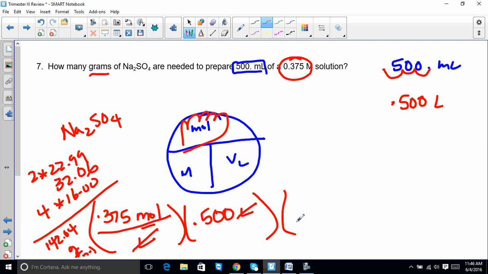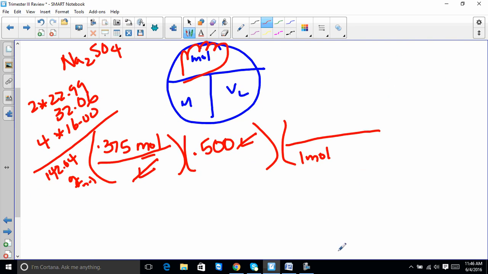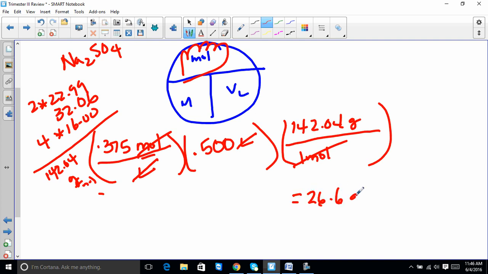But this one's interesting because the 1 mole goes downstairs, and the 142.04 grams goes upstairs. Moles cancels moles. This has 3, this has 3, this has 5. When I put that in the calculator, you get 26.6 grams.